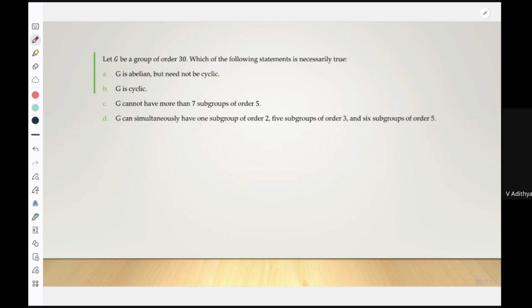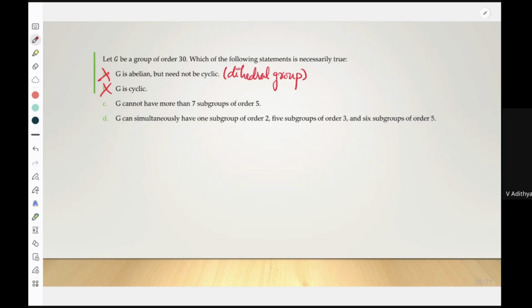Some use Dn or some use D2n, which is basically the dihedral group. So if it's not abelian, then it's definitely not cyclic. So B is also wrong.